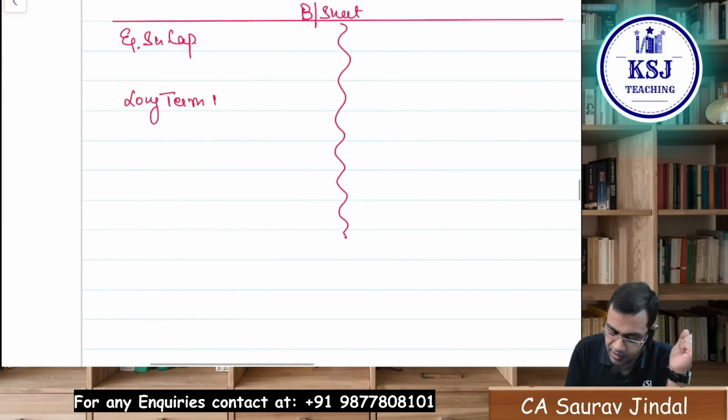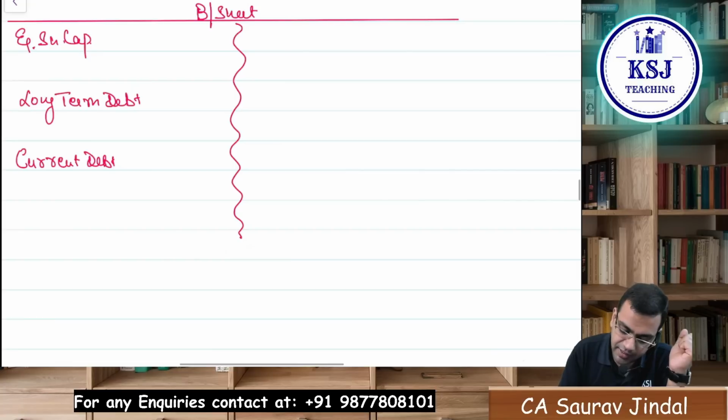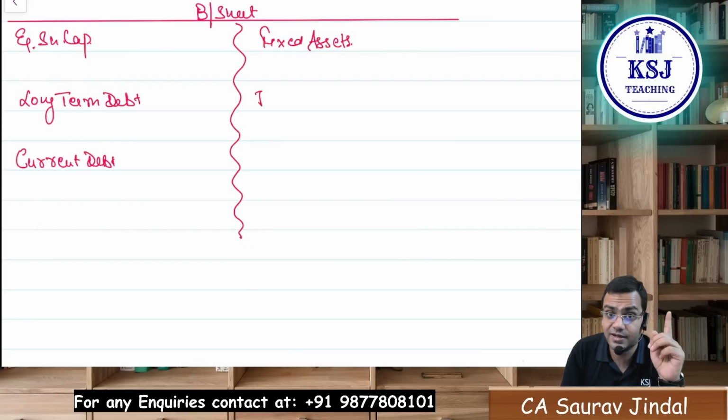Then it will have current debt, that is current liabilities. On this side, it will have fixed assets, and in the current assets, it will have inventory, sir. It will have inventory because inventory turnover ratio is given, and then other current assets might be there.